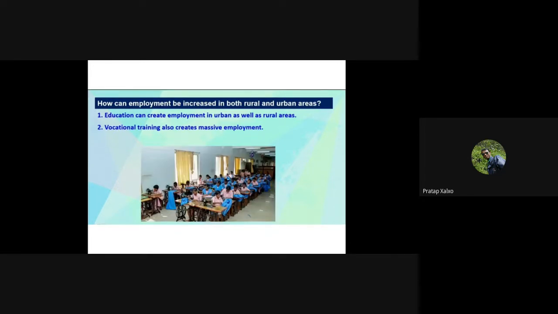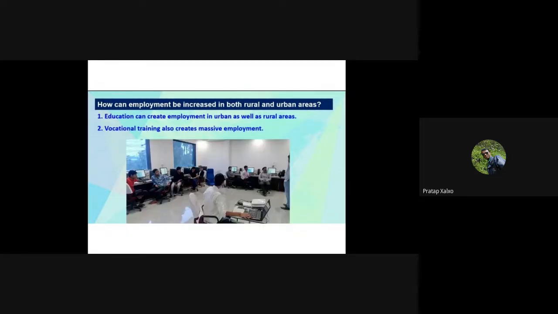Vocational training is training in a particular skill. That skill will give them immense jobs, and immediately they will be able to avail jobs, like with a computer DTP course. So vocational training also creates massive employment.